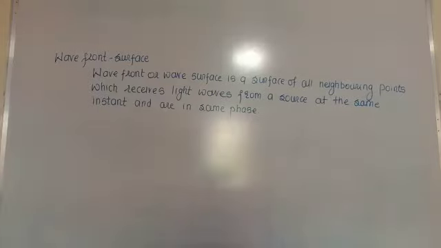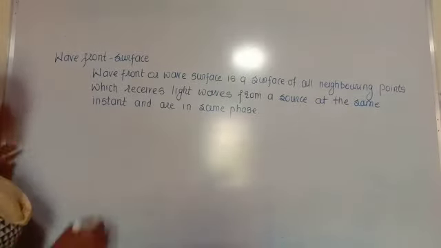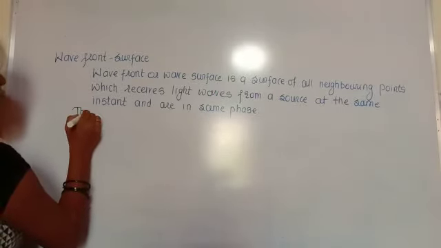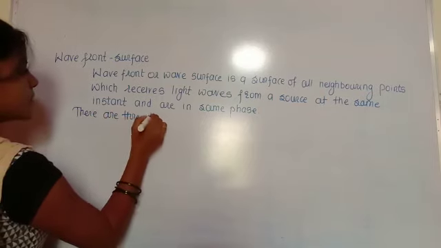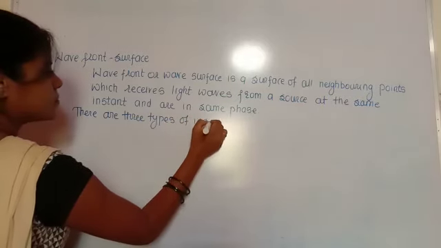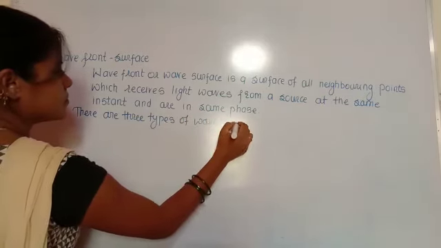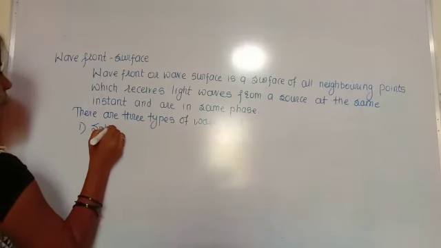Then another definition is the wave normal, a perpendicular drawn to the surface. According to surface, there are three types of wavefront. First is the spherical wavefront.